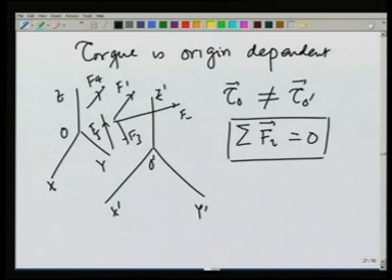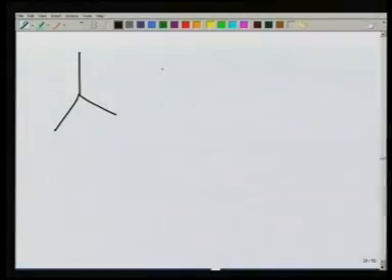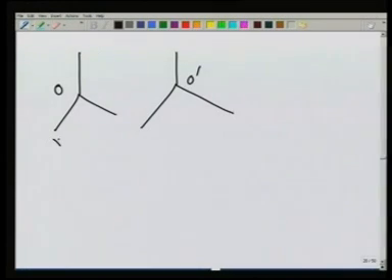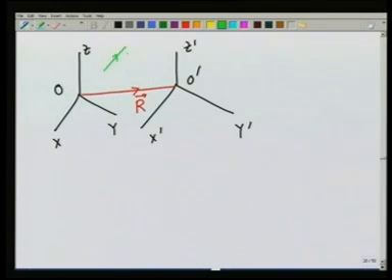Let us take two different frames O, O prime, x, y, z, x prime, y prime, z prime. Let the displacement vector from O to O prime be r. I am going to draw the forces in green. Let this be F1, let this be F2, let this be F3, let this be F4 and so on.